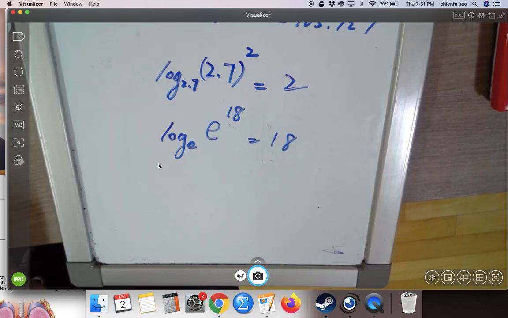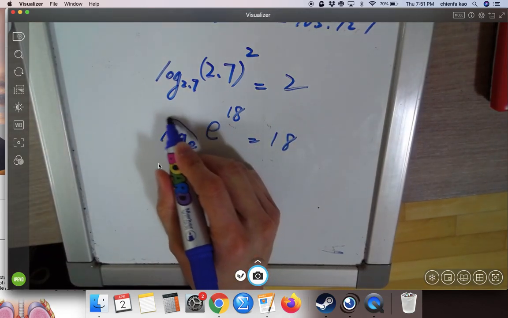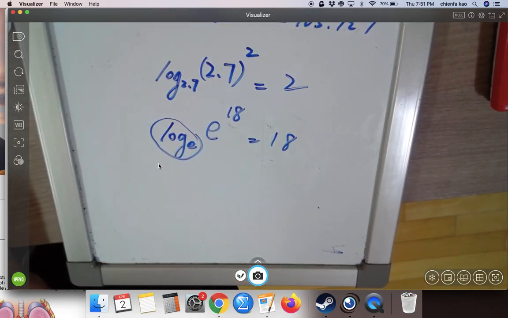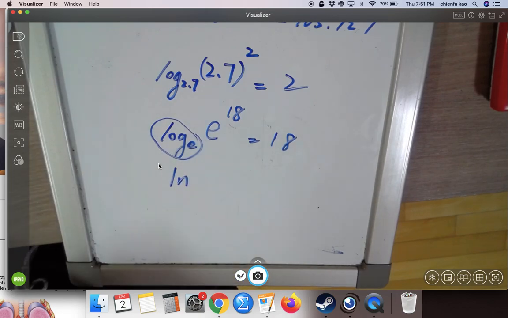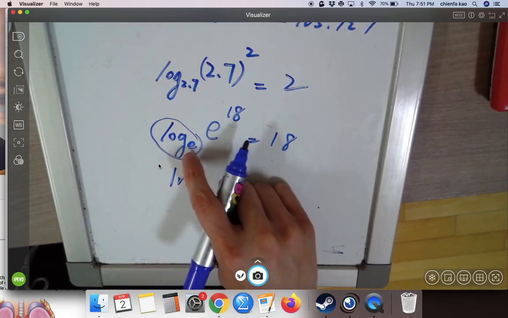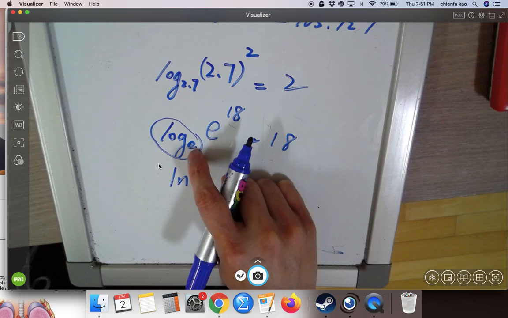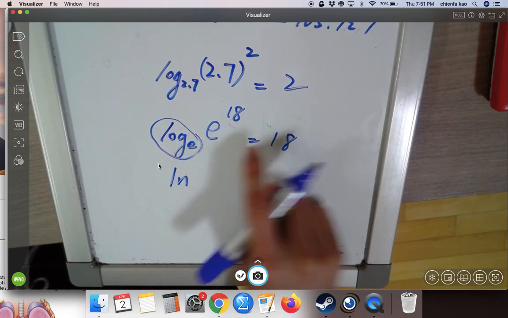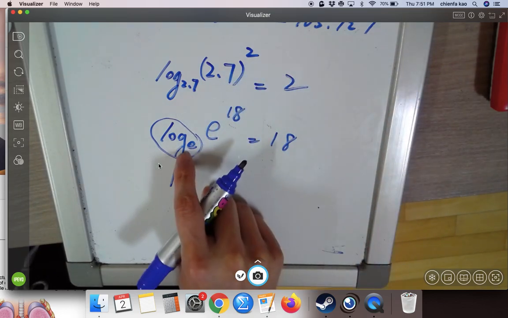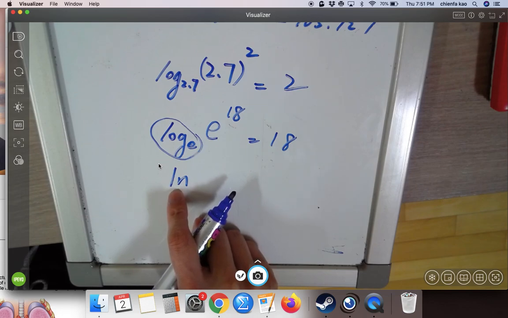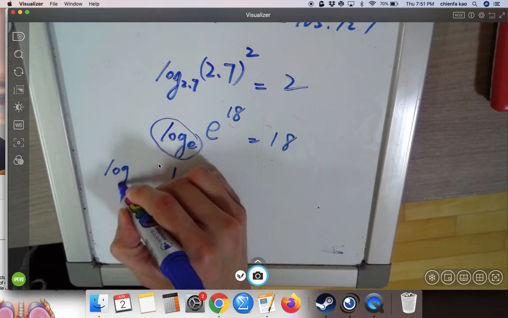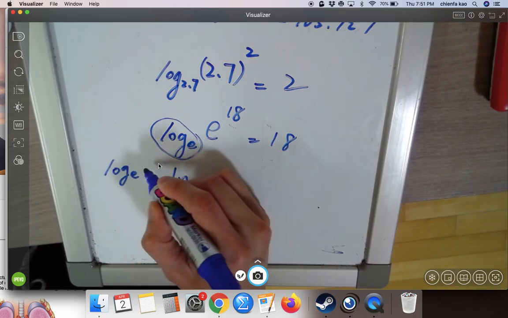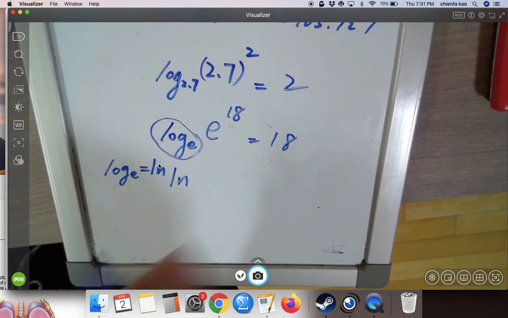Nothing is new. If this is to the power of 18, you will get 18. Except they don't want to write this. You know, people are lazy. So they just write ln, which stands for natural log. Log base e, log base 2.7 something, is natural log. That's it. This is the second thing that you need to know. Log base e is exactly the same as natural log.